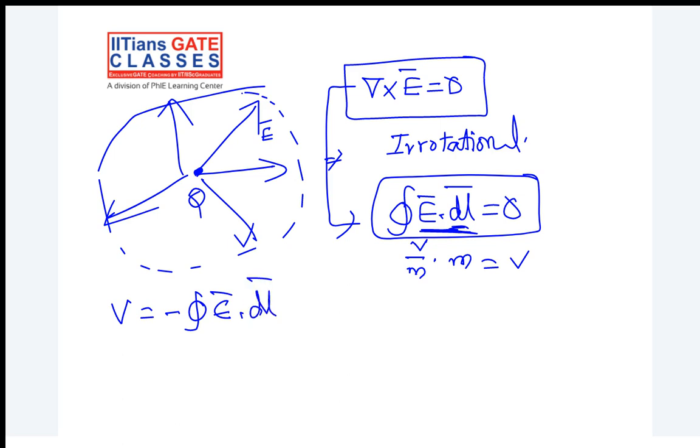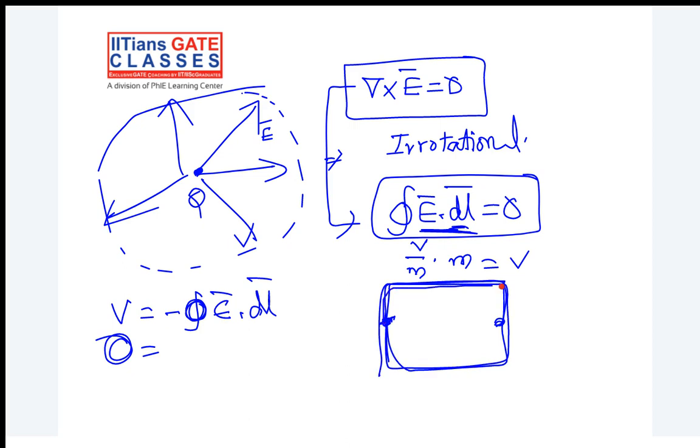Whenever the loop is closed, the net potential is 0. The same reason I explained today also. When the loop is closed, what is the meaning of that? You are starting at the same point and trying to reach the same point again, so your initial point and final point are both the same. When the initial and final points are the same, there is no change in the potential.